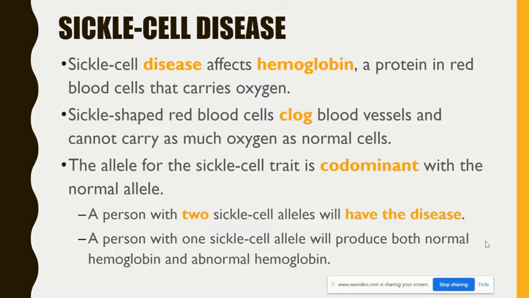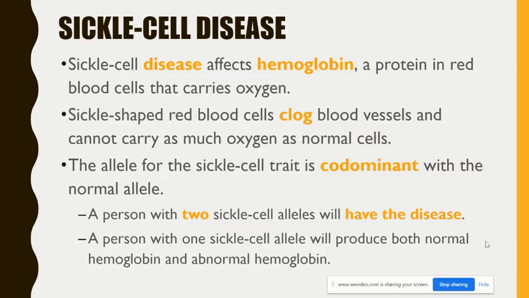Hemoglobin is one of the proteins in the red blood cell that helps. With sickle cell disease, they have a sickle-shaped red blood cell instead of a nice circular cell. And so it causes blood vessels to clog and they can't carry as much oxygen.